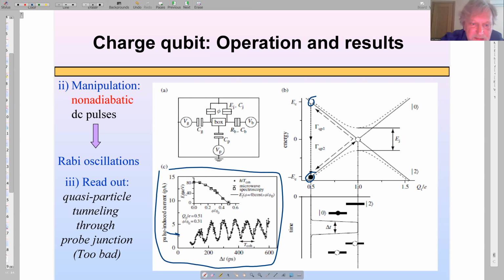So it is a current for a long sequence of periodic pulses, and this current exhibited oscillations as a function of duration of individual pulse, as a function of rotation. So that proved quantum coherence. That was the charge qubit.